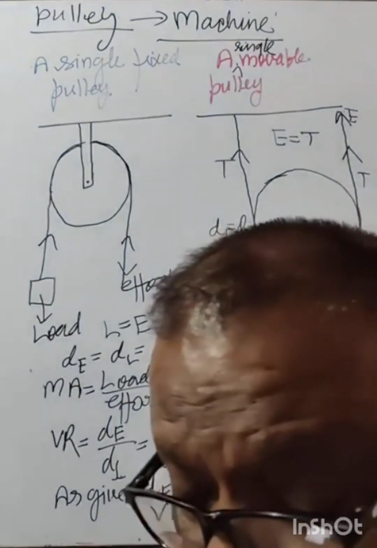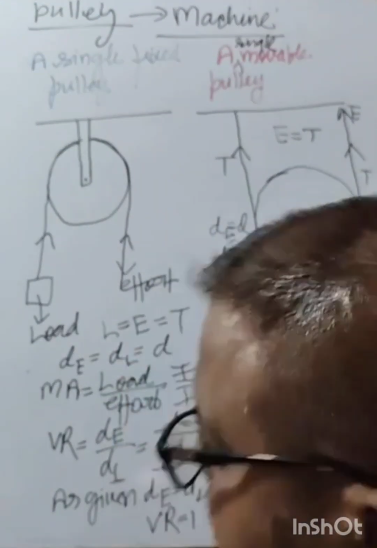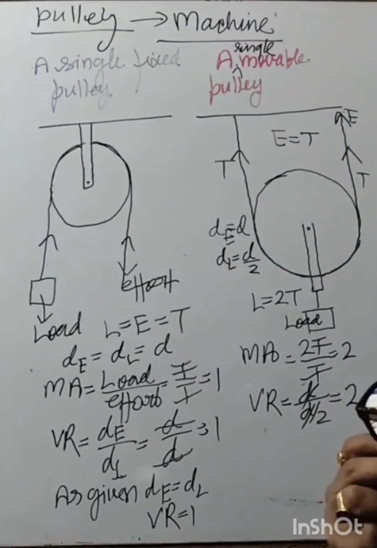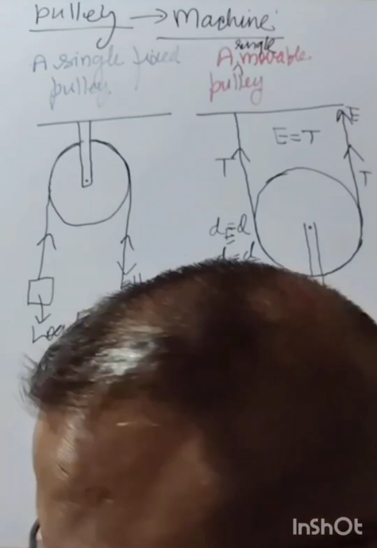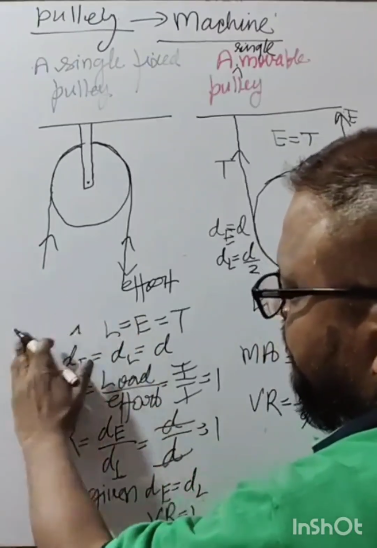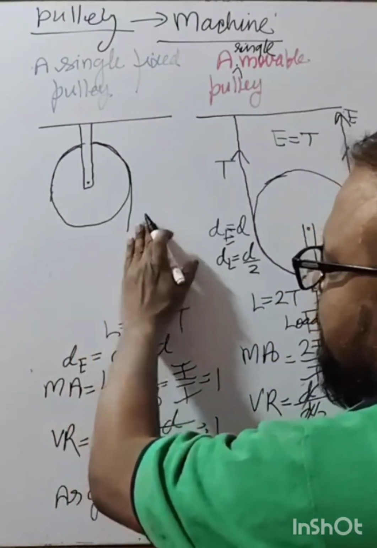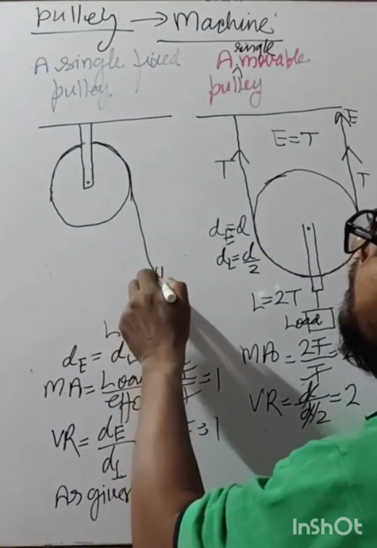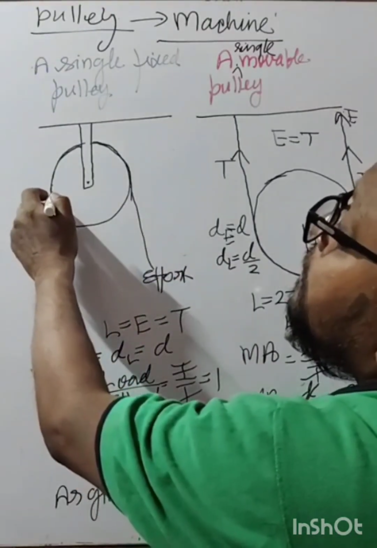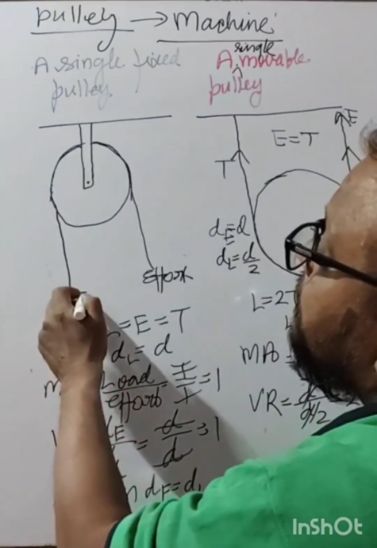Mechanical advantage is 2. So when comparing the efforts, this is effort and this is load, right?